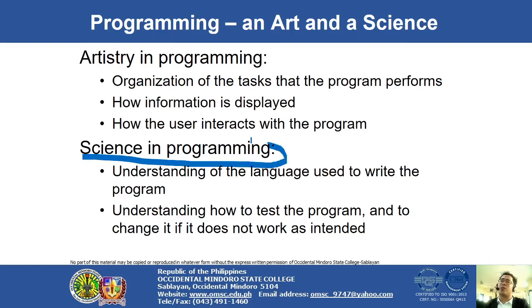Okay, why is programming a science? Why is that so? Because of understanding the language used to write the program, and understanding how to test the program and to change it if it does not work as intended. There is a science in programming because the programmer should understand the language used to write a program.